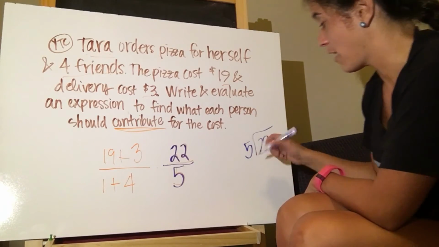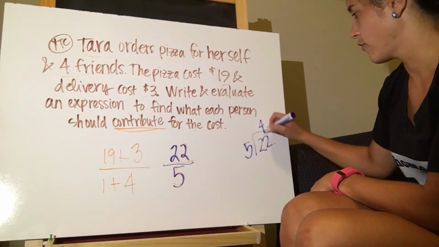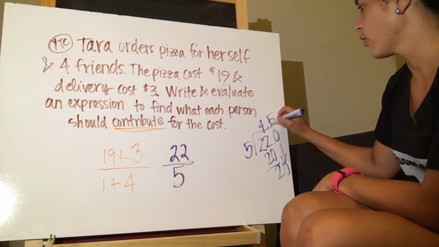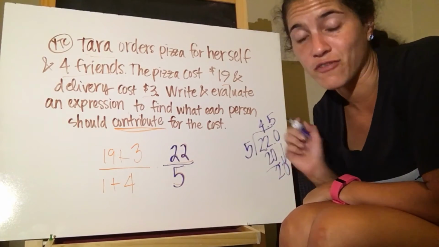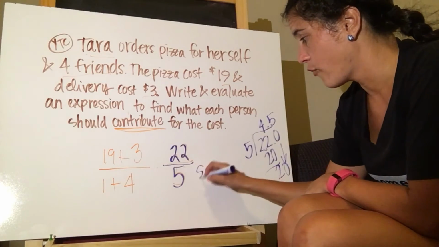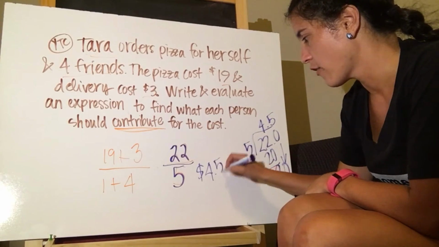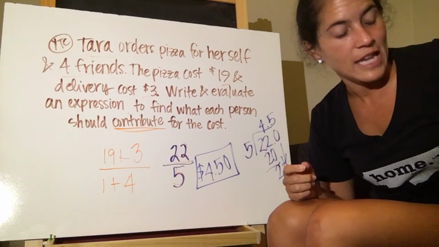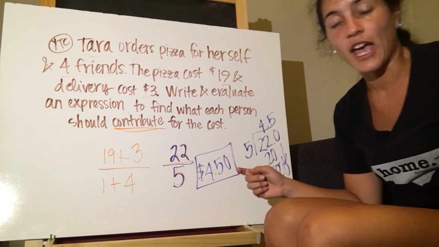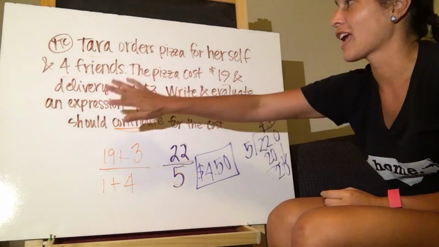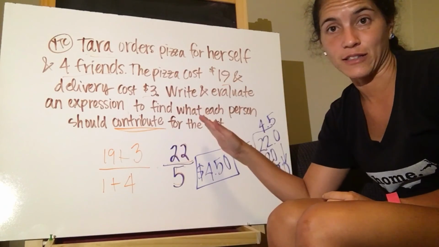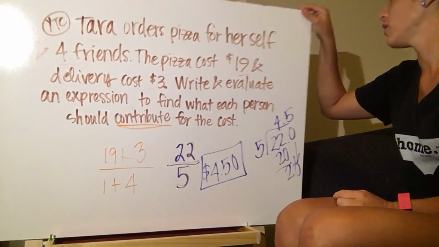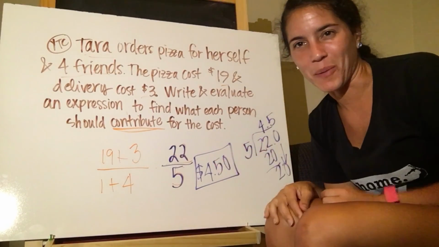It's going to be 4, bring down a 0, 4.5. But what does 4.5 mean in the world of money? 4.5 means $4.50. Every person needs to contribute $4.50 so they can split the cost of pizza and delivery equally. All right, so we will practice more about order of operations later.